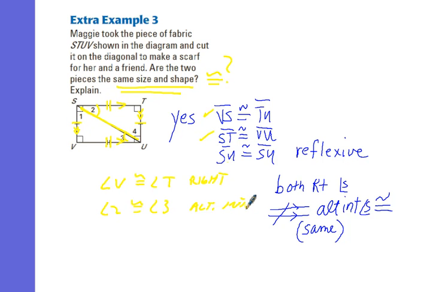And we can do that again, except using TU and SV, our parallel sides. We can say that angle 1 is congruent to angle 4 by alternate interior angles again. And therefore, the two triangles are congruent and they have the same size scarf. Next problem.